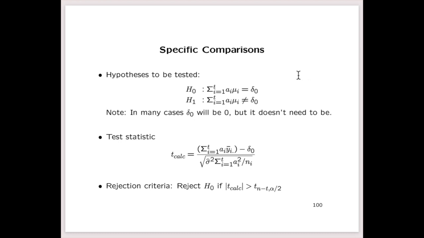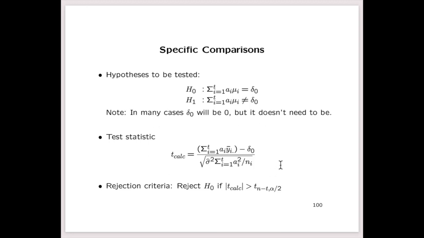And so the null hypothesis to be tested would be that a particular linear combination of the population means is equal to some specified value, which I'm going to denote here delta 0, against the alternative hypothesis that that linear combination of the population means is not equal to delta 0. Now, in many cases, delta 0 will be 0, but it doesn't have to be. It can be any value that makes sense in the context of a particular problem.